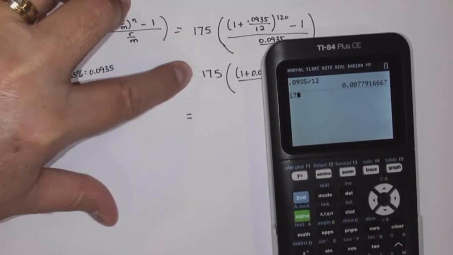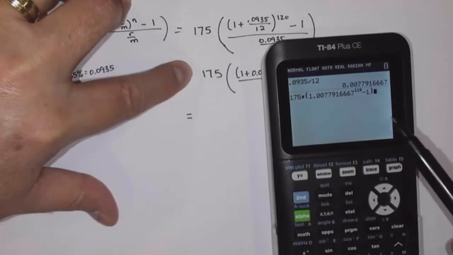So I'm going to do 175 times my numerator. In my numerator, I'm going to have 1.0077916667, and that gets raised to the 120th power minus 1. Close my numerator.